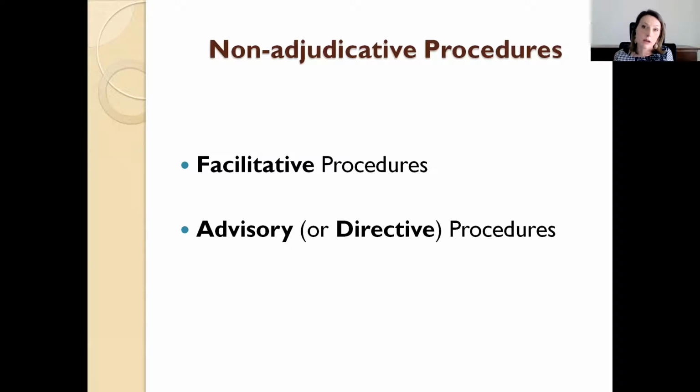Negotiation assisted by parties' representatives, normally lawyers, and facilitative mediation are included in the first subcategory, facilitative procedures. Whereas early neutral evaluation and directive mediation are included in the second subcategory. They are directive or advisory procedures.